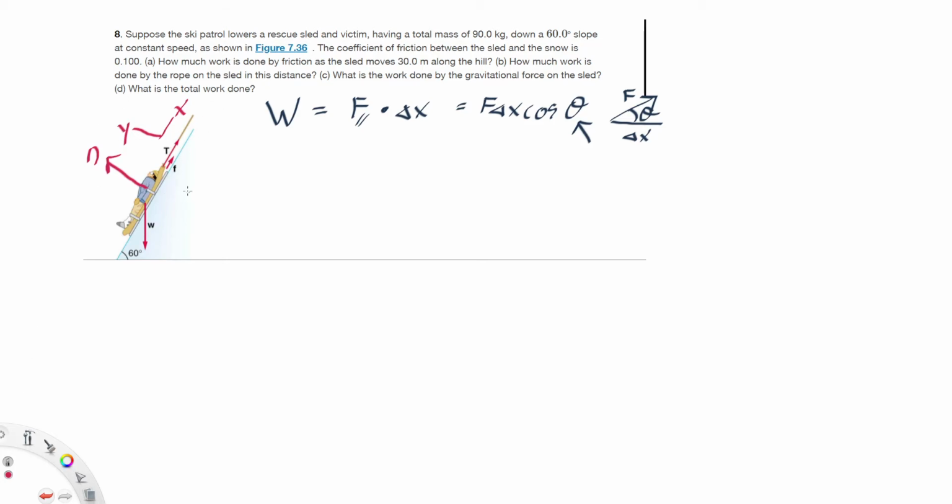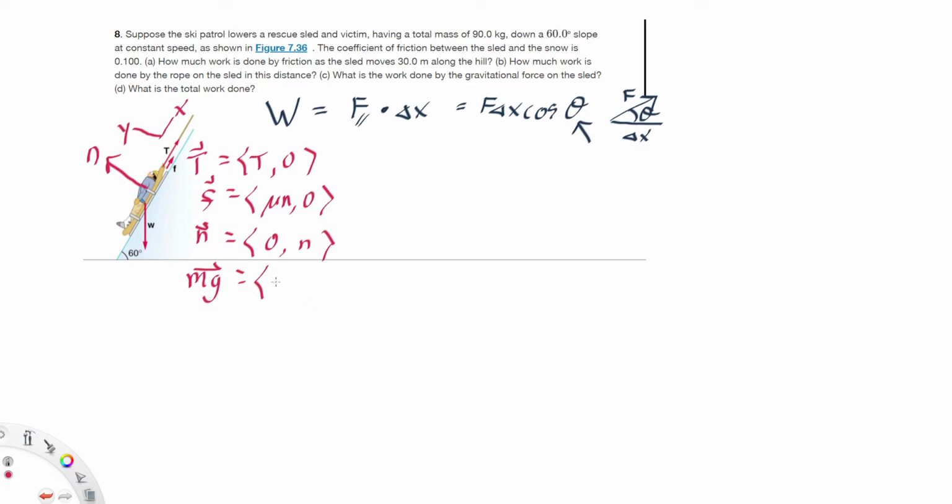So with that said, we can define all of the vectors that are important here. For our forces, our tension is only in the x direction. Our friction is only in the x direction. Normal force is, of course, only in the y direction. And weight is a little bit of this, little bit of that.